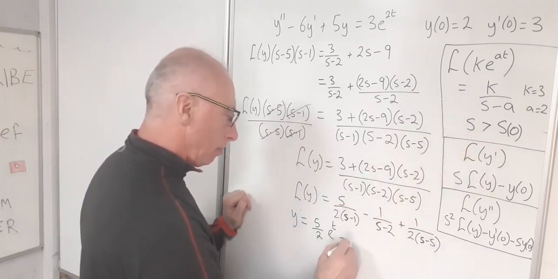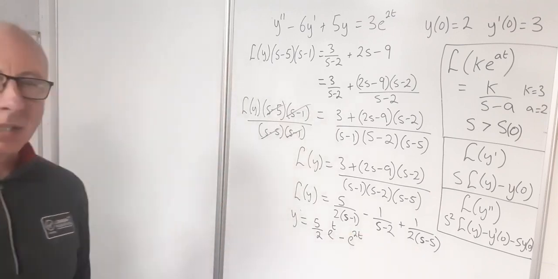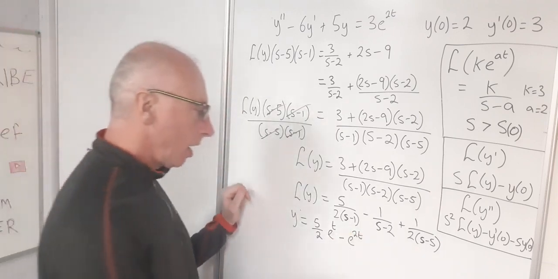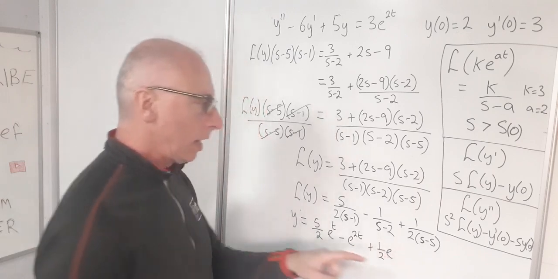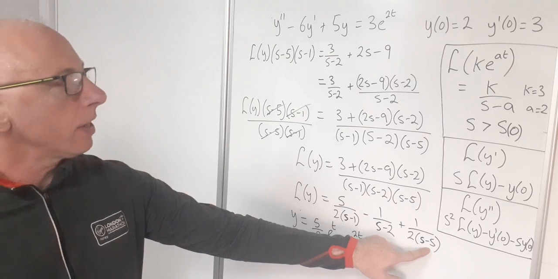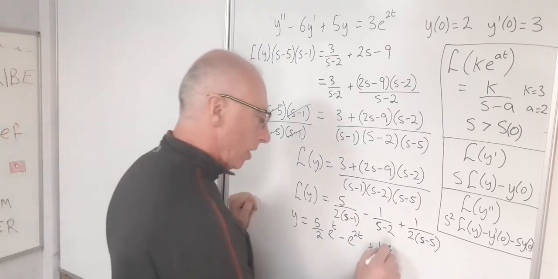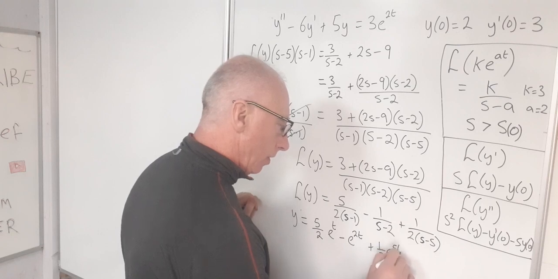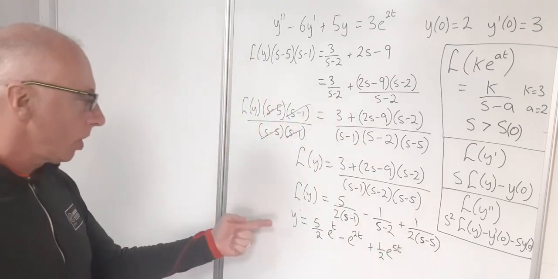So that's going to be minus e to the 2t. So that takes care of that. And then we can add a half times e. Now this is s minus 5, so therefore a is 5 and the k is a half. So e to the 5t. Okay, so that's there my function of t.